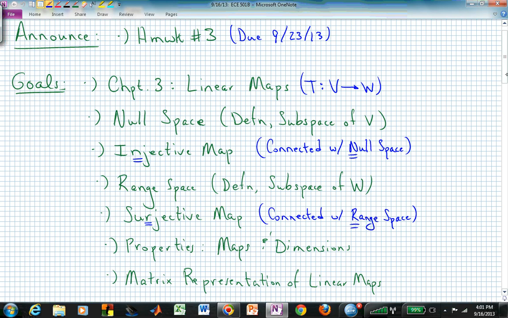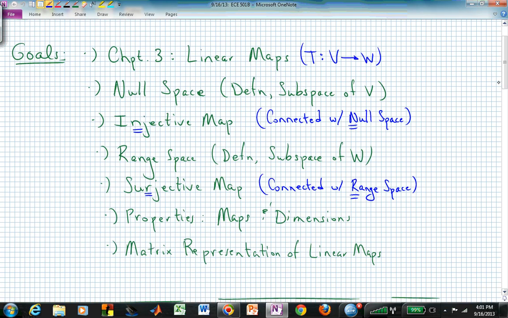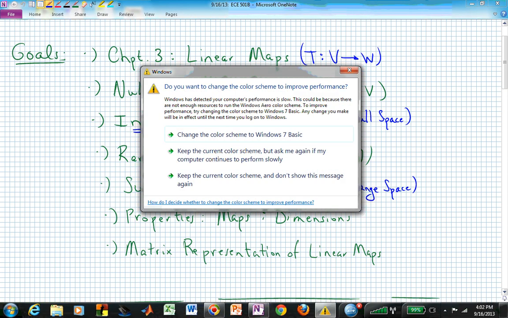What I want to do today is get more into chapter 3, which is linear maps. That's taking this function, essentially T, and mapping points between two different vector spaces, a vector space V and a vector space W. They don't have to be the same vector space. We briefly were talking about the null space last time.